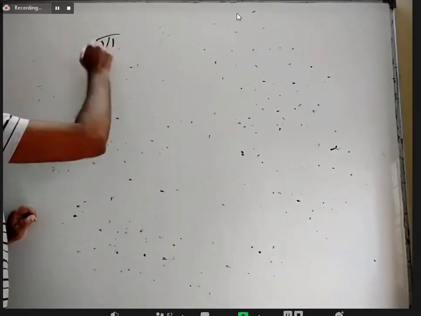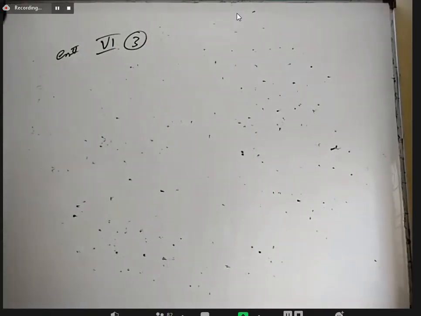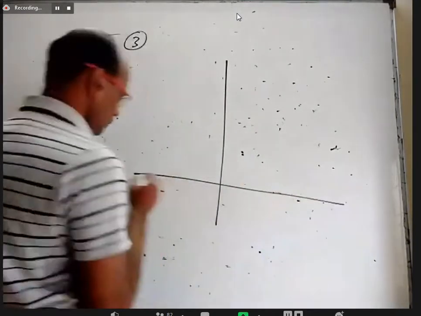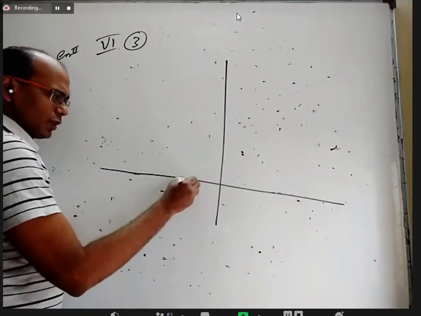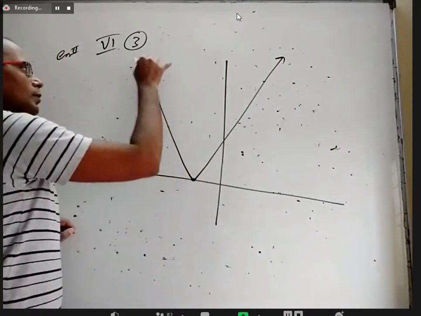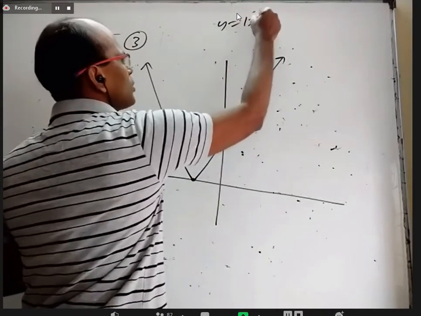So this is the same section 6, third question in exercise 2. I want to just give a graphical explanation. Mod 3x plus 1 is actually like this. This is basically y equal to mod 3x plus 1.